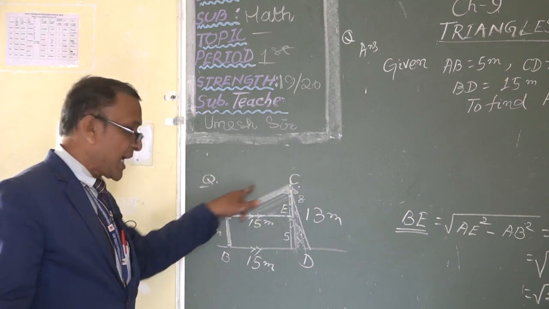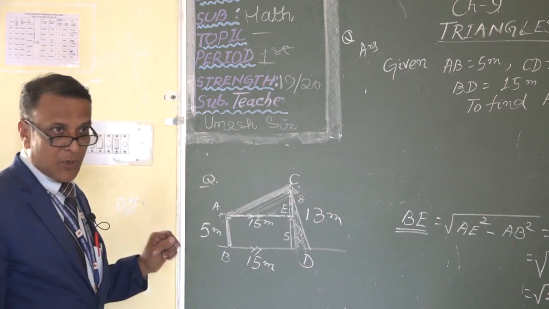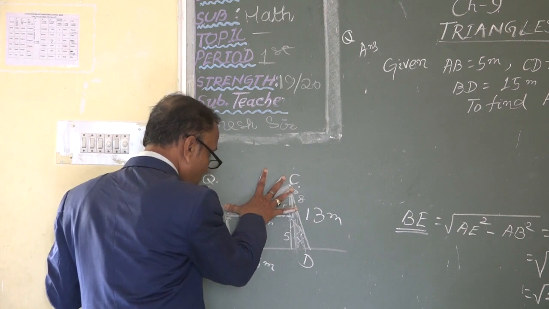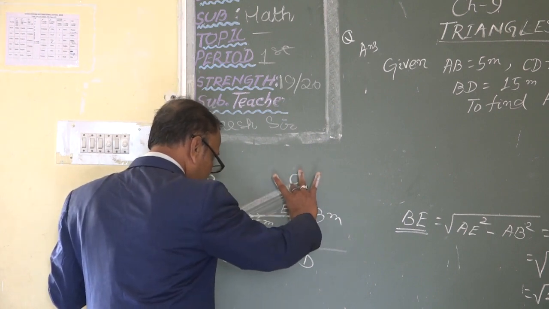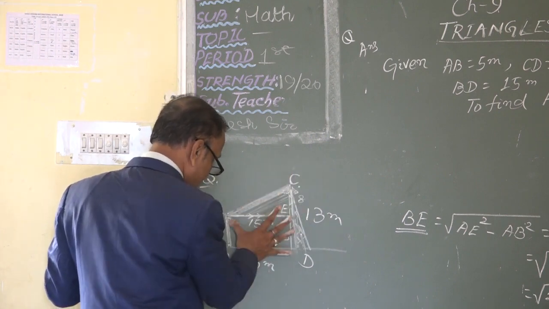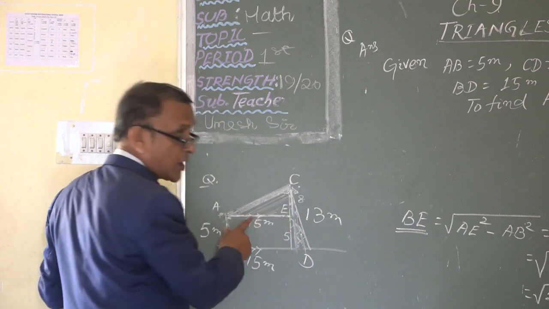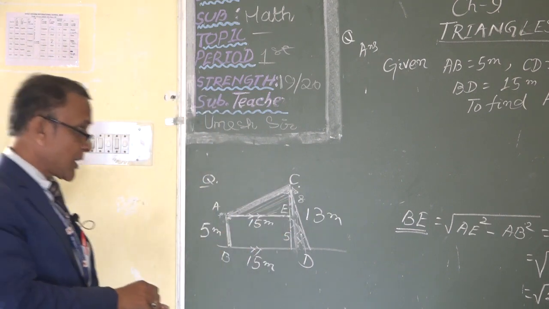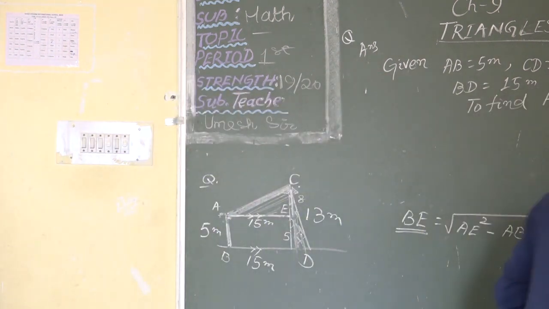In these triangles, AC is the hypotenuse. So hypotenuse is equal to square root of the square of this one and the square of this one. So in that way we can find. So now I am just doing it. Sit down.